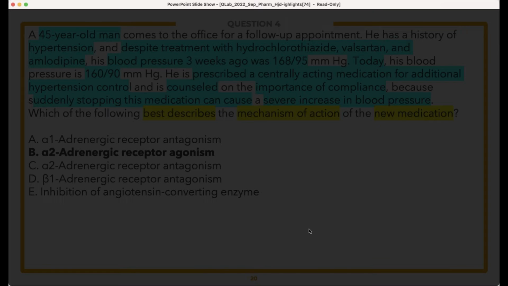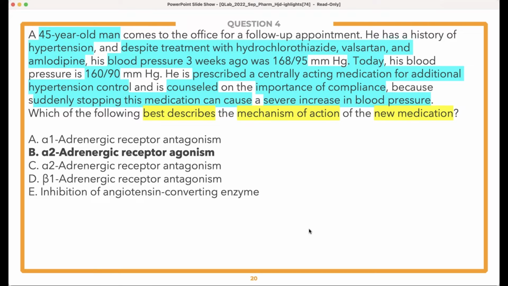Make sure you are always reading the answer choices very thoroughly, looking at alpha-2 versus alpha-1, and not mixing up agonism with antagonism. Among the other answer choices, E is getting at ACE inhibitors, and some of the other medications are also antihypertensives, except that those do not cause rebound hypertension with abrupt cessation.